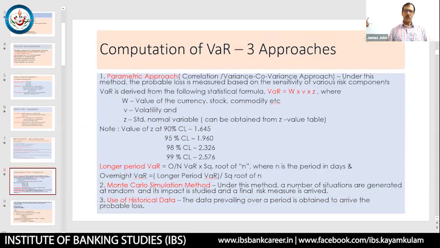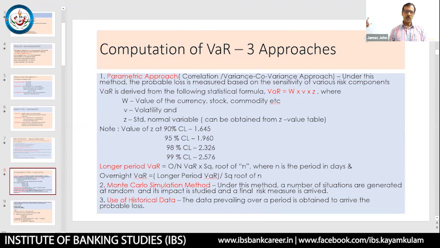Now here comes the question which you asked, we will make use of it here. There are three methods of computation of VAR. One is the parametric approach, second is the Monte Carlo simulation, and third is the use of historical data. As far as your exam is concerned, the numerical may be asked from the parametric approach only.